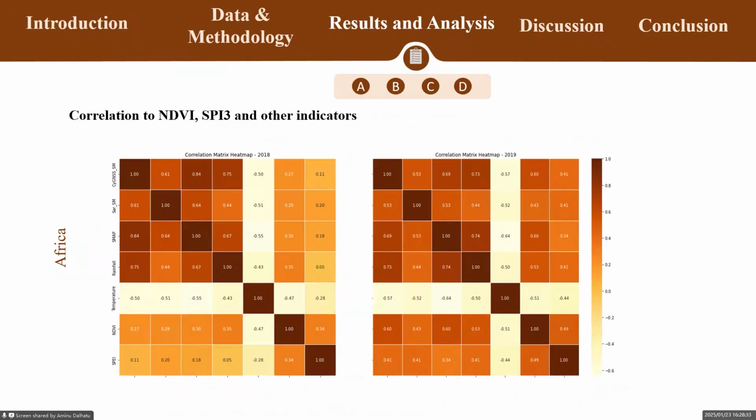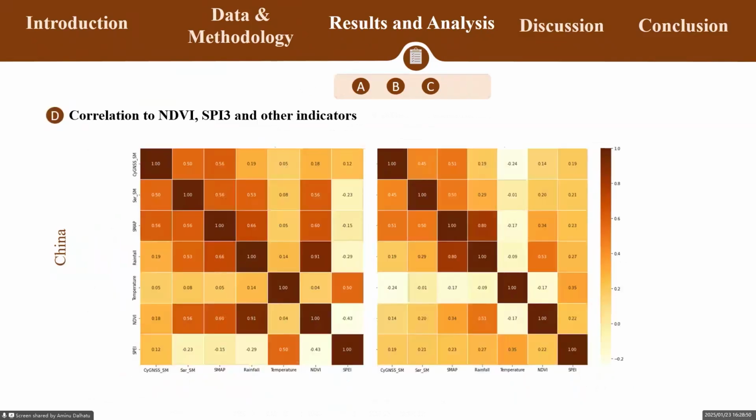The temperature exhibits an inverse relationship, not a positive one, especially when you compare it to the precipitation, which is natural: as the temperature is high, the value of soil moisture is low. This one is for Africa, but we can say the same in China, though the values are much different, registering values of 0.5 and 0.045 between 2018 and 2019.